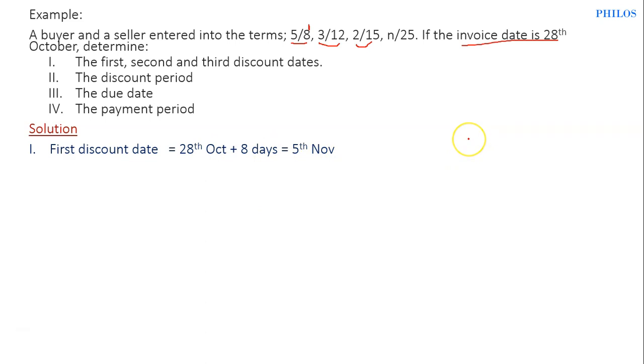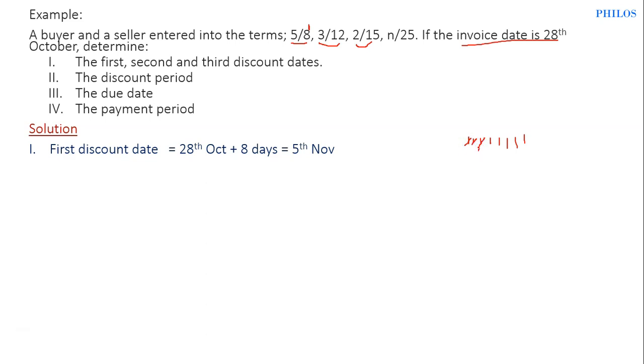You can also do that just as you did in nursery school. Use your pen to draw maybe 8 sticks down. Let me say 1, 2, 3, 4, 5, 6, 7, 8. Okay. From 28th October, you then count from here: 29th October, 30th October, 31st October.